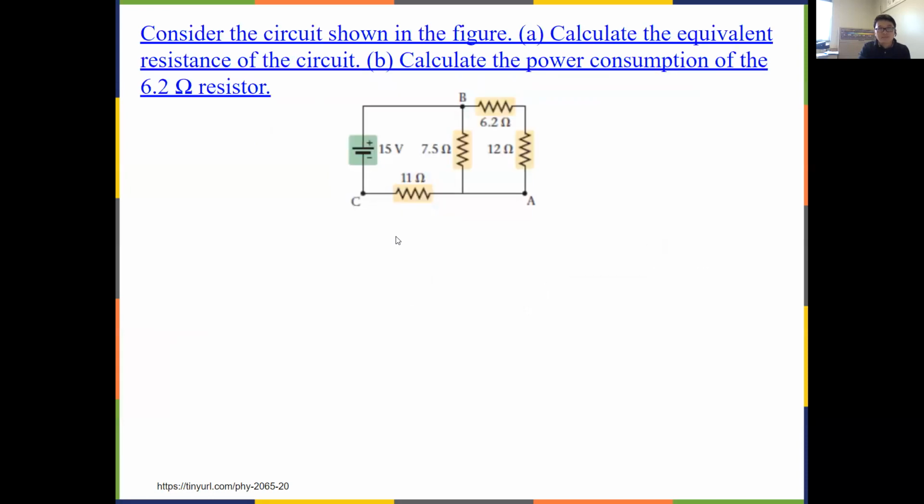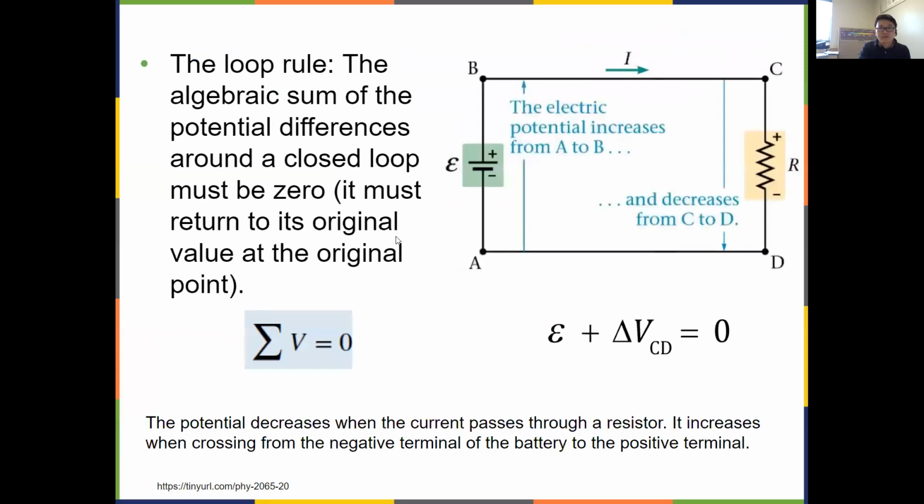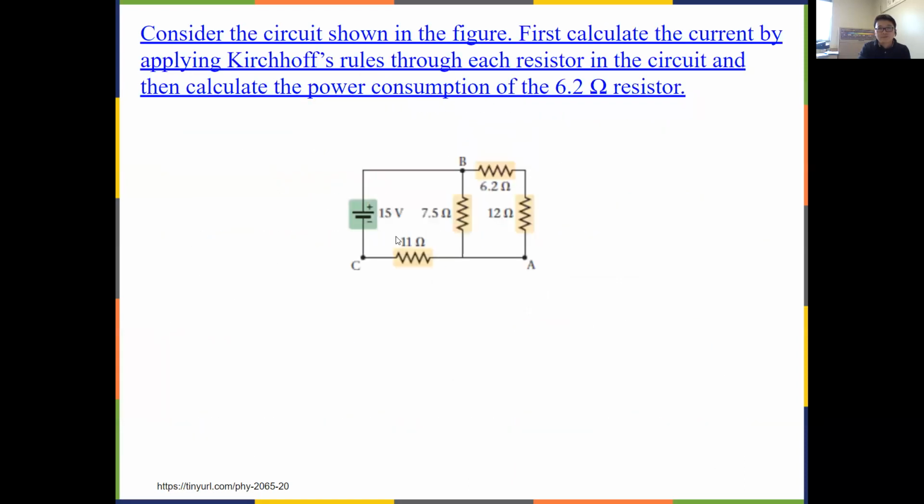But because there are multiple loops in this one, you can also apply Kirchhoff's rules, because you can have a couple of loops and there are junctions there. Okay, so you can apply that and also work on this one. It's the same problem, but we are using Kirchhoff's rules here. So let's take a look at how we actually solve that using Kirchhoff's rules.